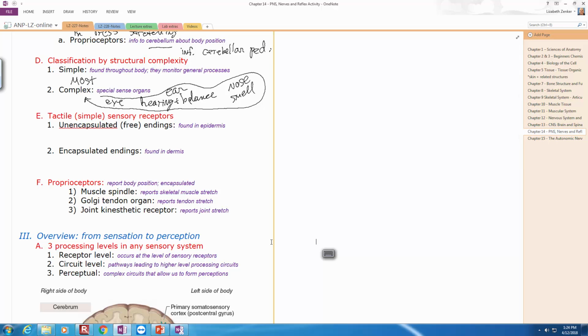So they're differentiated by the amount of CT covering them or around them. So unencapsulated would mean little or no CT around it, versus encapsulated is telling you that there's going to be more CT around it. And we find these unencapsulated or free endings in the epidermis, and we find the encapsulated ones in the dermis, the deeper layer, right?